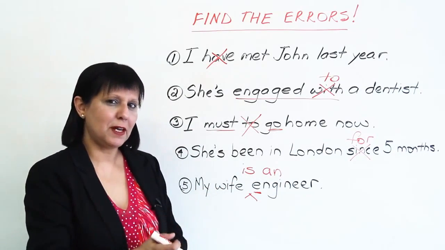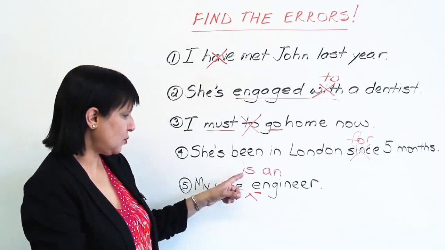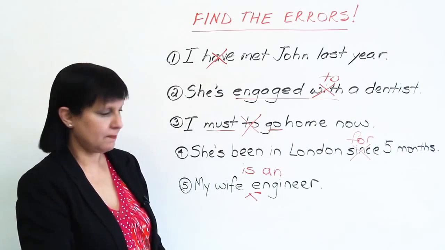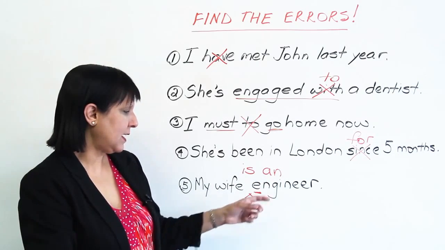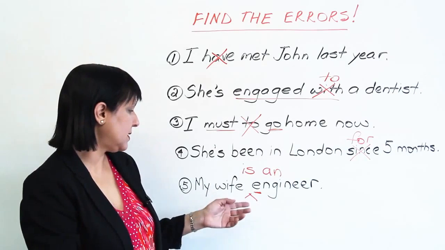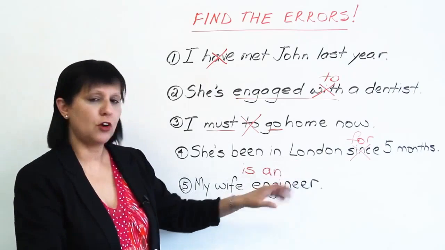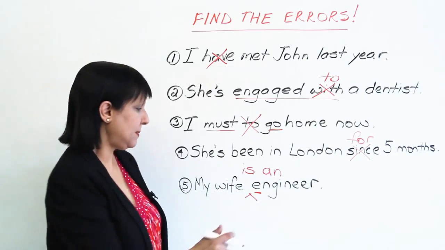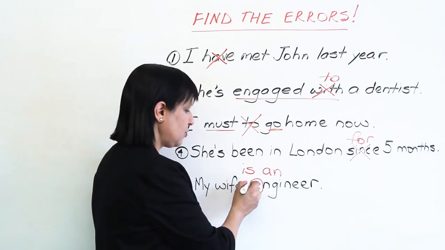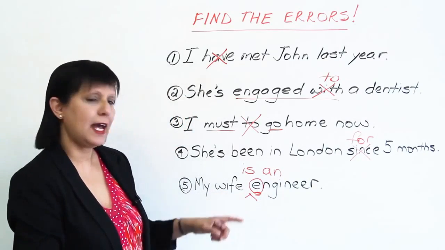So there are a couple of grammatical points to think about in making this a correct sentence, right? First, we had to add the verb, is. Next, we had to add an article, an indefinite article. Normally, if it was something else, like a doctor, okay, then we would have just said a doctor, a dentist. But because the word starts with an E, we need to say an engineer.